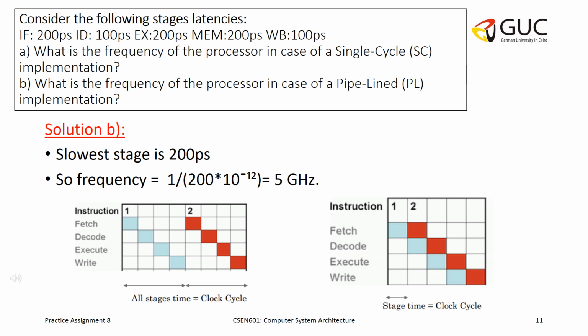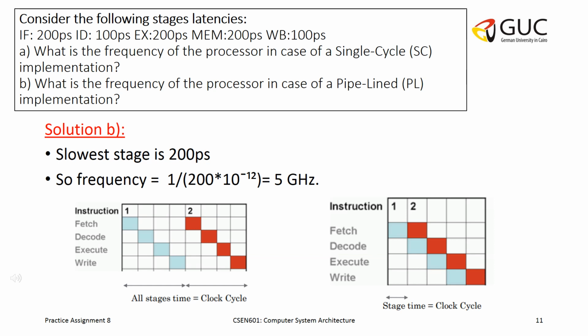Why? Because for example, here I have the decode taking 100 picoseconds, and I have the fetch taking 200 picoseconds. If I only reserve 100 picoseconds for the fetch, it won't be able to finish, so it won't do the job we want, and that's why we have to wait for the longest one.